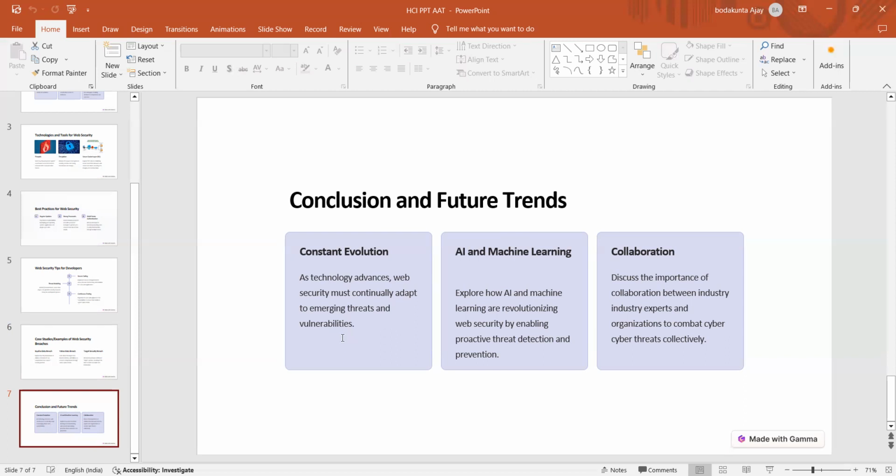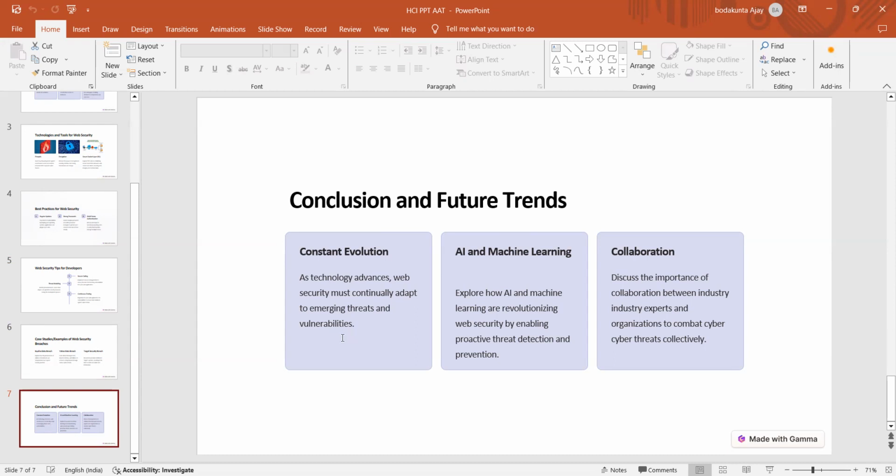The next one is AI and ML. AI and ML are revolutionizing web security by enabling proactive threat detection and prevention. So AI and ML is also a platform we can use for web security through threat detection and prevention algorithms.